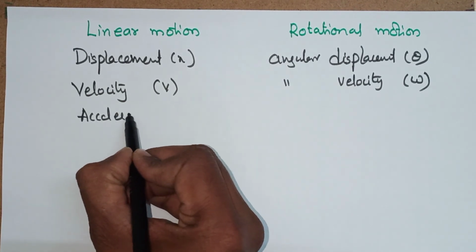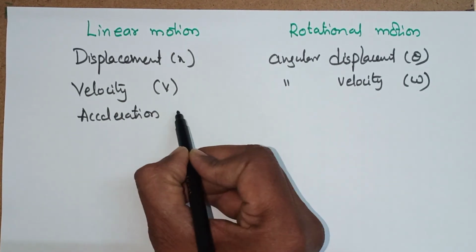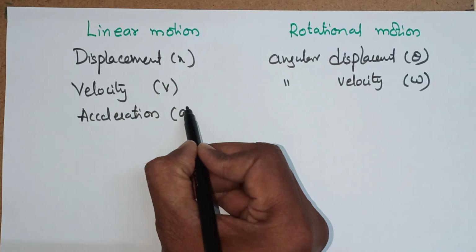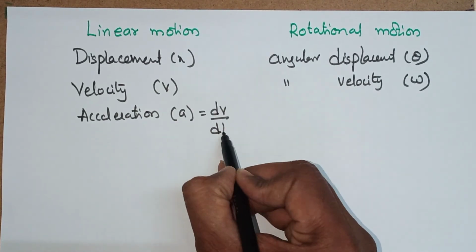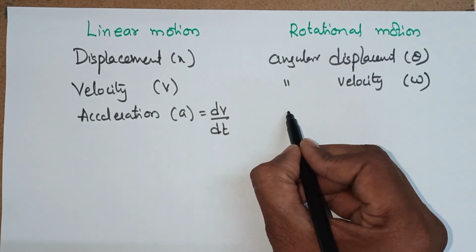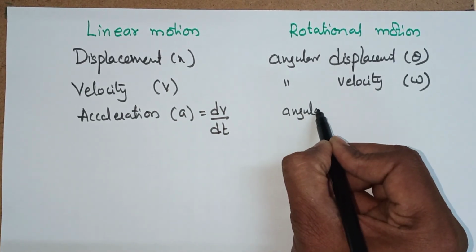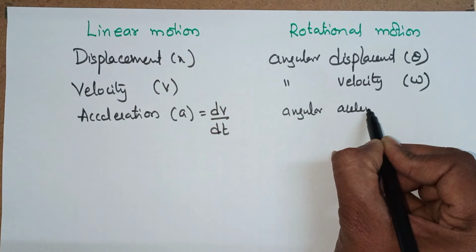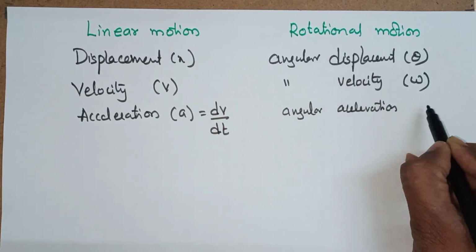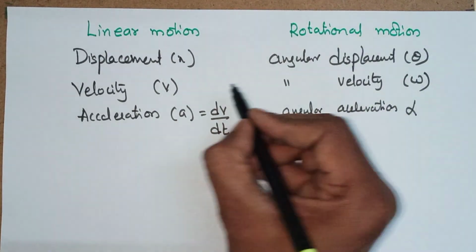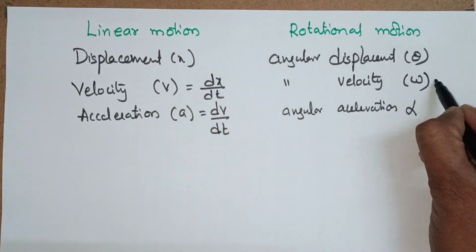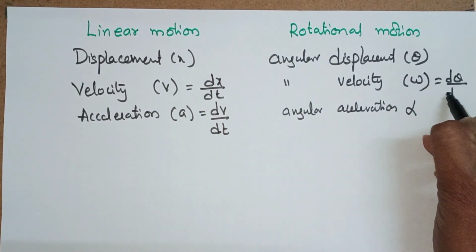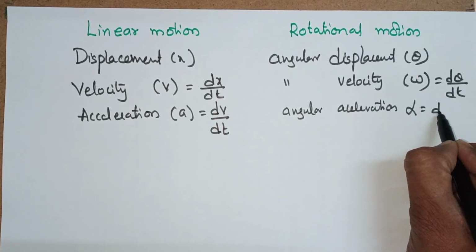Acceleration a, which is dv by dt, becomes angular acceleration alpha, which is d omega by dt.